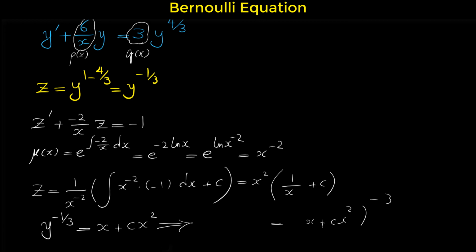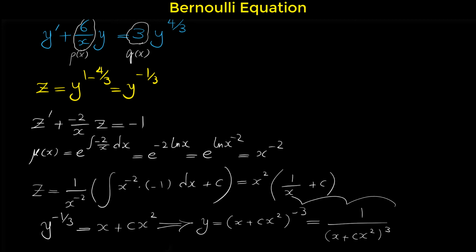So by raising both sides to the power of -3, y equals x plus c x squared to the power of -3, which if you prefer you can write in this form as well. And this is the solution of this Bernoulli equation.